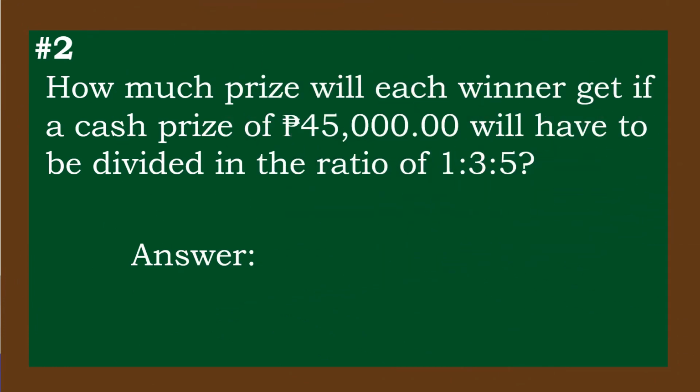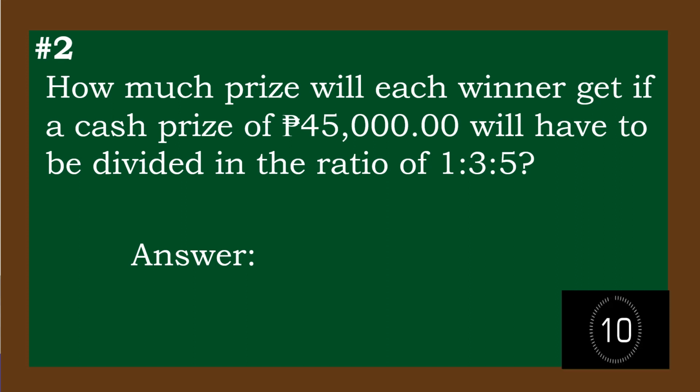Number 2. How much prize will each winner get if a cash prize of 45,000 pesos will have to be divided in the ratio of 1:3:5? The answer is.